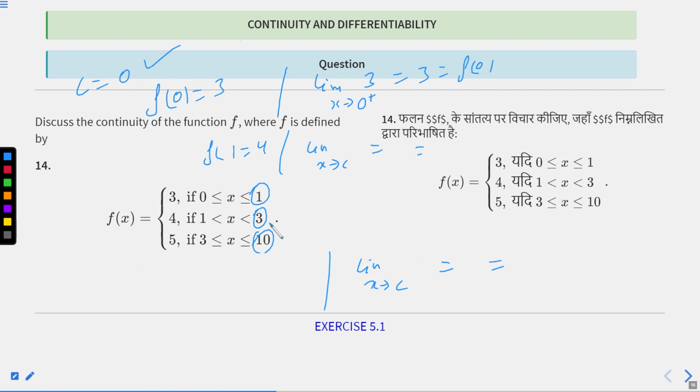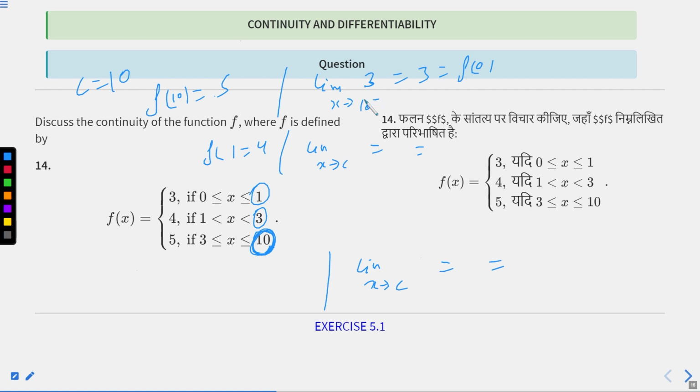Okay, now let me just quickly see for 10 also. If c is equal to 10, this means f of 10. F of 10 will be 5. And as you can see, you only approach 10 from the left hand side. So you have only the left hand side limit.